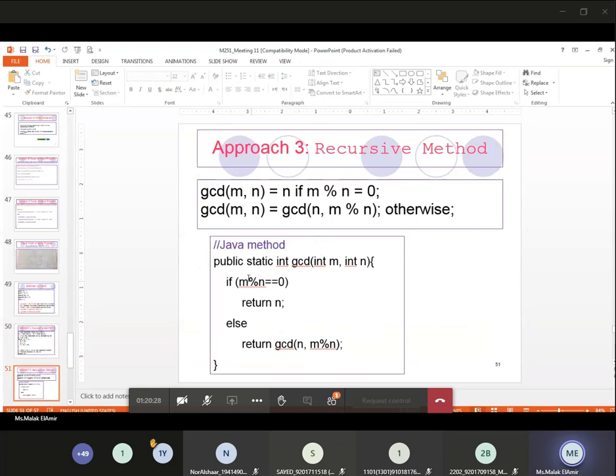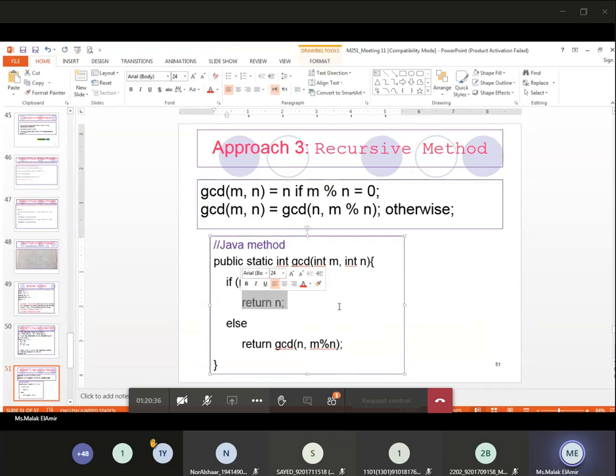By recursion, it will be as the following. If M modulo N is equal to 0, then N is the greatest common divisor. Otherwise, I have to recurse again with the first number being N, and the second number being the remainder of M divided by N. Clear?